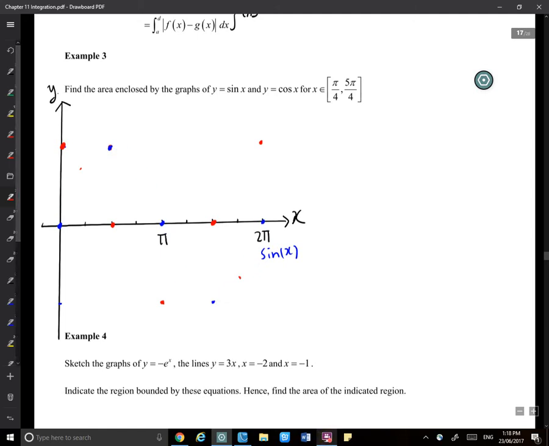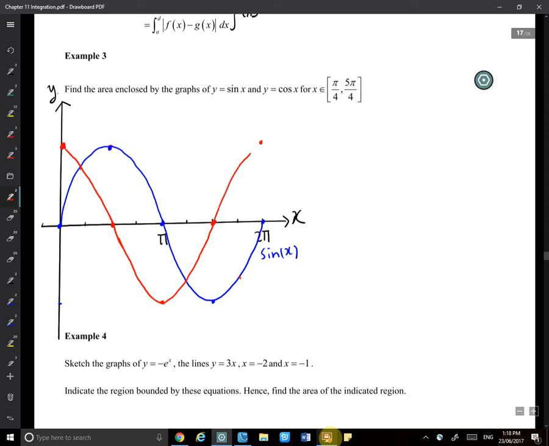So this graph will be, okay, that's the shape of the cosine graph.